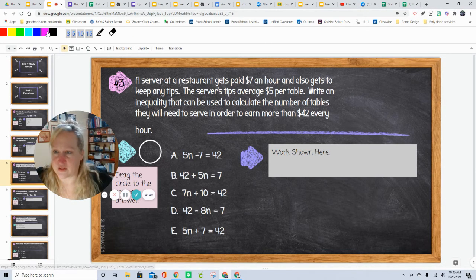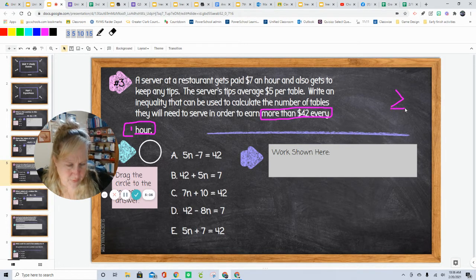So before I start trying to come up with my thing, it's only telling me 1 hour. He makes $42. But we want more than $42. So more than 42, or nope, it won't even have the equal sign, will it?